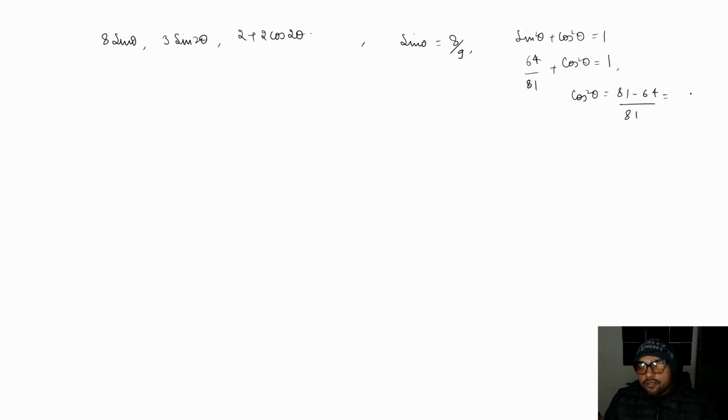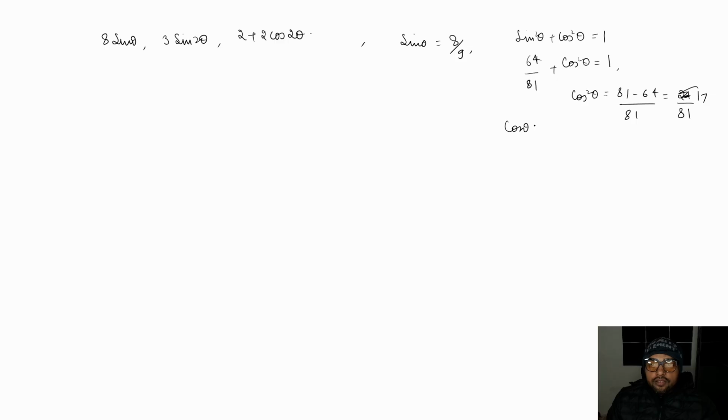So this we are getting as, sorry, 17 by 81. This is the value which we are getting here.